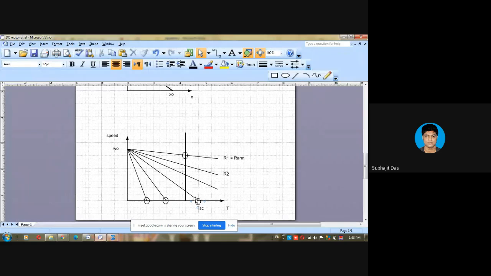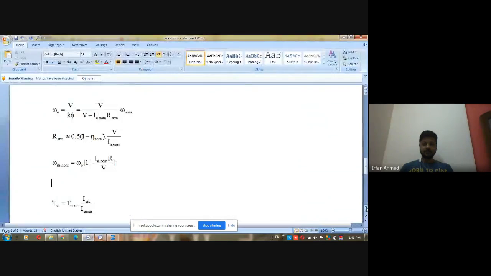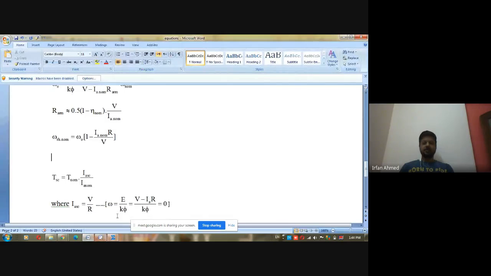Yes, it is V by R. Because under short circuit conditions, we have omega is equal to E upon K phi, that is V minus IAR upon K phi, and under short circuit condition, the speed is 0, and the speed will be 0 only when V minus IAR is equal to 0, or IA is equal to V upon R. Where V is the applied voltage, which we are assuming as constant, and R is the armature circuit resistance.